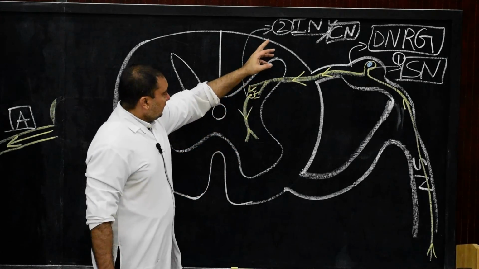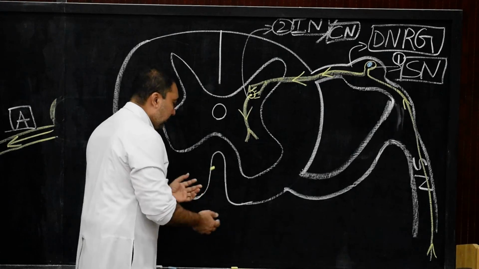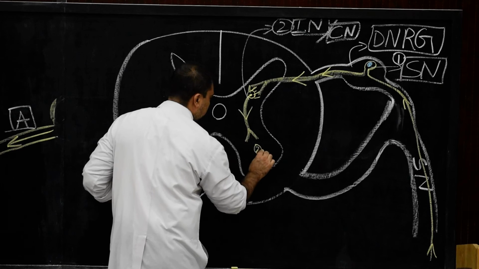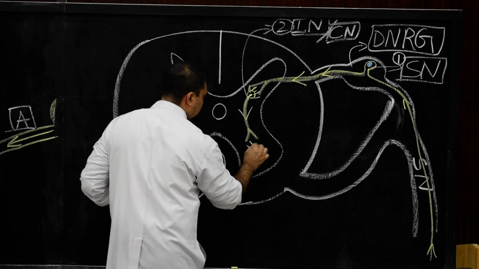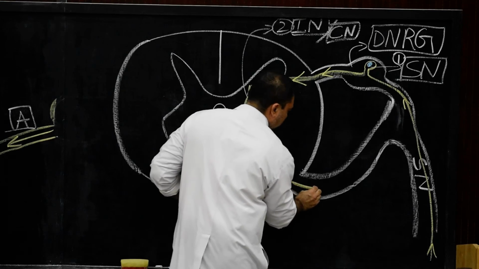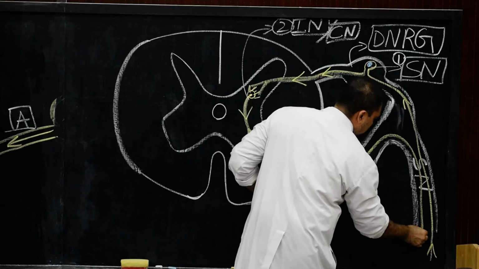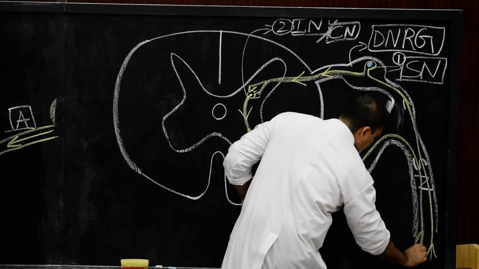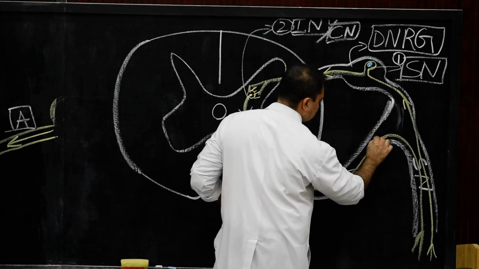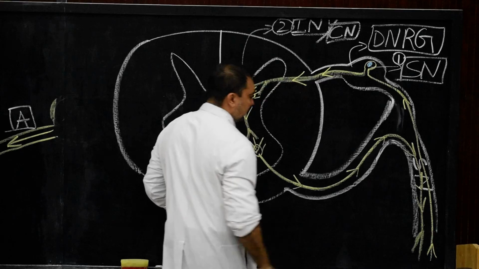Now the third variety, I will draw in the same continuation. Here I will draw the cell body, and the various dendrites. Then from here, the ventral nerve horn, this process passes, and this is the axon which passes through the ventral nerve root and then into the spinal nerve.